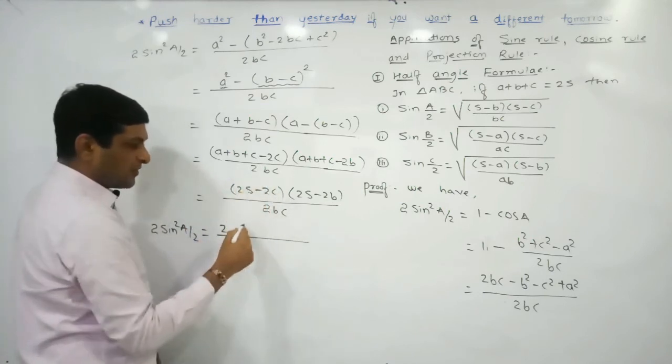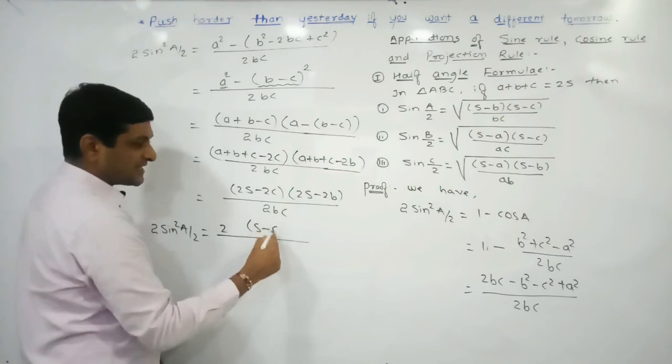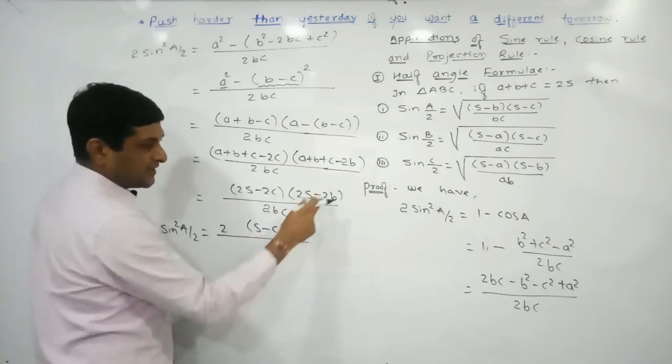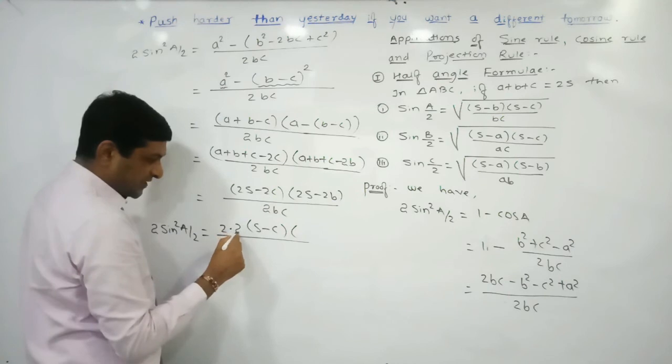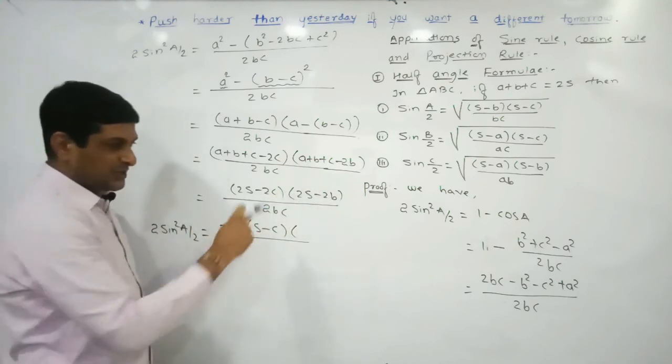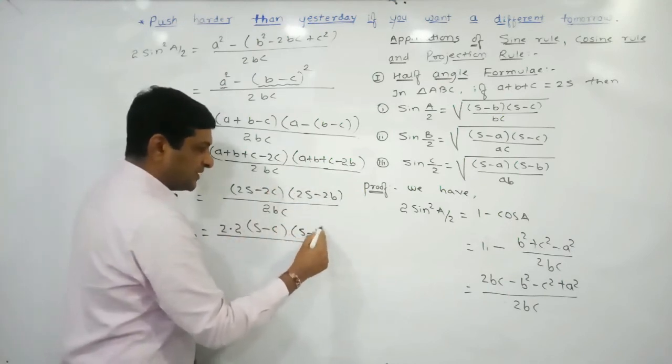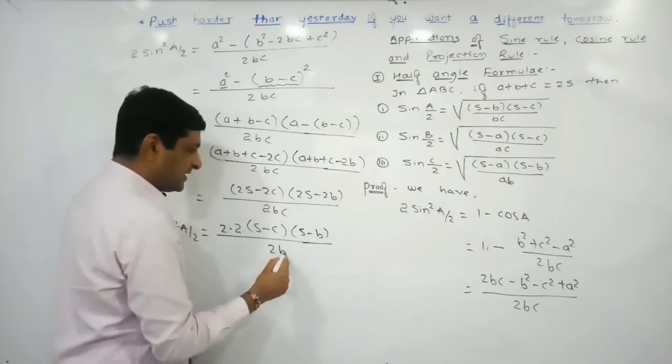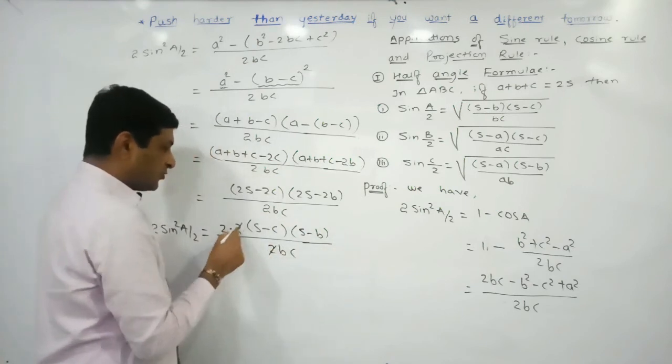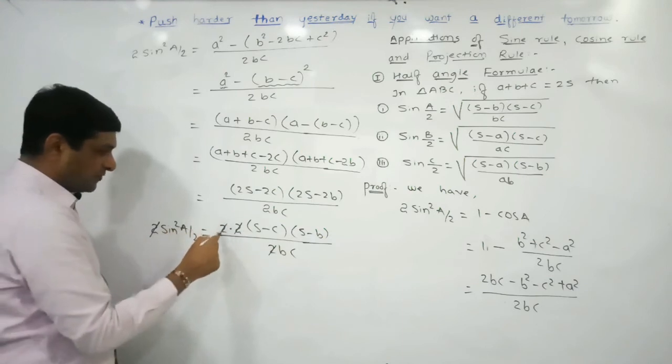If we take 2 common from the first bracket, the remaining term is s minus c, and taking 2 common from the second bracket, the remaining term is s minus b. In the denominator 2bc, keep it as it is. Here 2 and 2 will get cancelled, and this 2 and 2 will get cancelled.